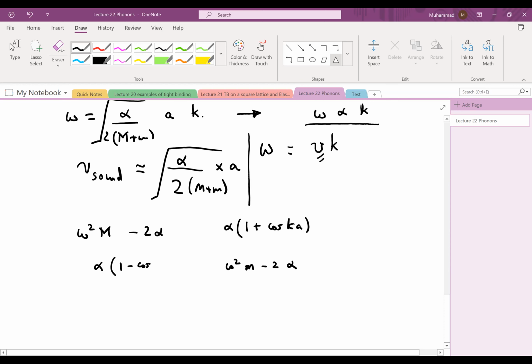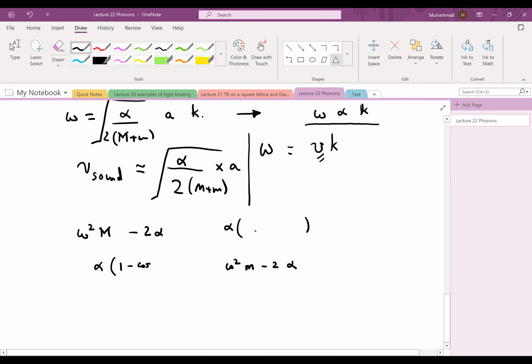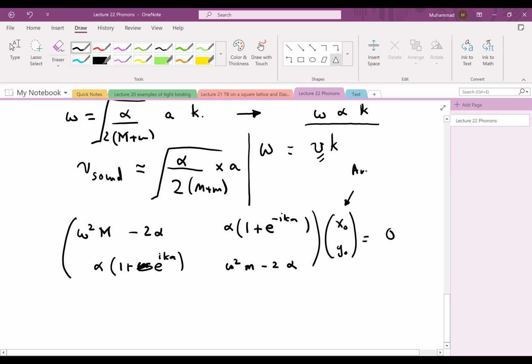In fact, we have, excuse me, 1 plus e to the minus iKa here. We have 1 plus e to the iKa, and then we have x naught and y naught, which are amplitudes of oscillations, right? So these are my amplitudes of oscillations on a small m and a capital M atom.